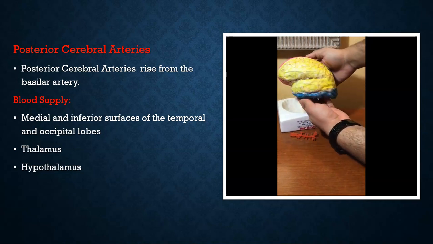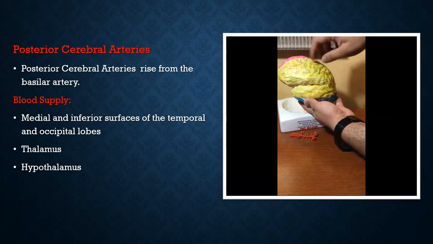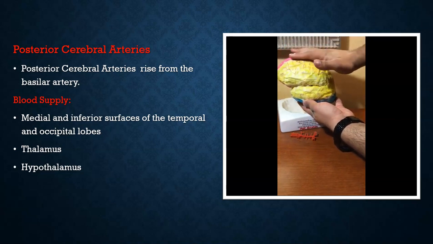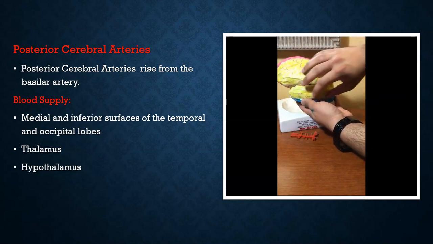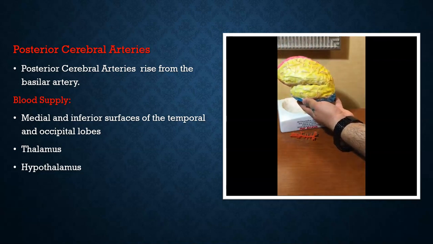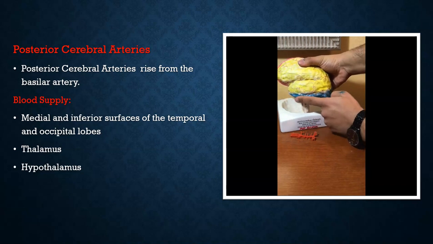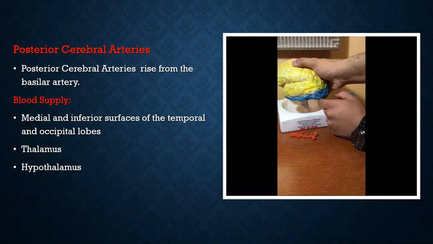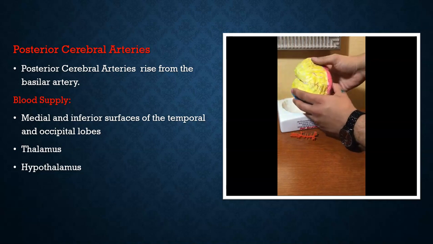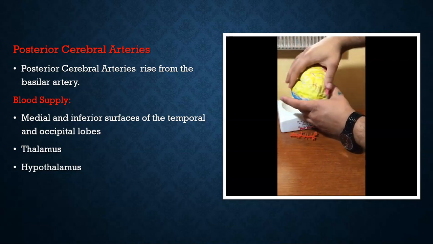This is a lateral view of the brain. A little bit of the superior part of the brain receives blood from the ACA, in pink. The green color is the middle cerebral artery, MCA, and the inferior part of the temporal lobe and occipital lobe receive blood from the PCA.